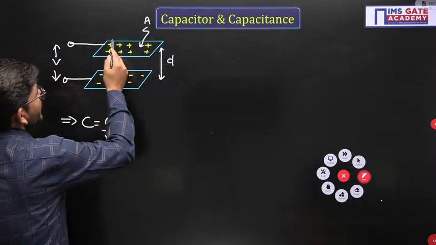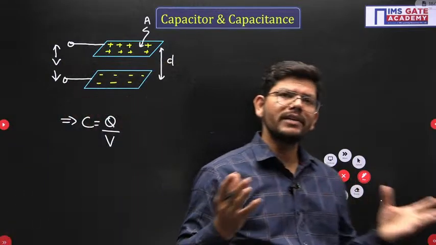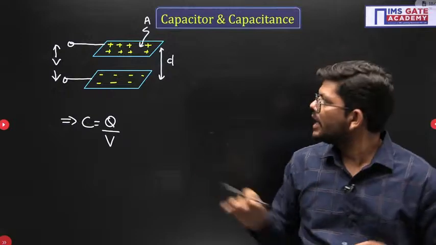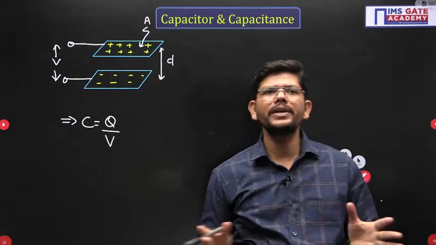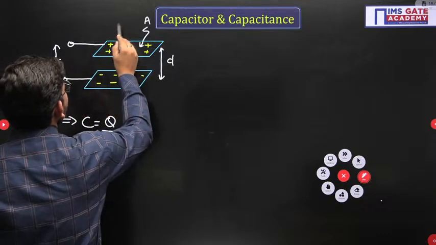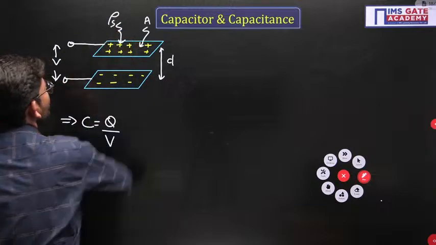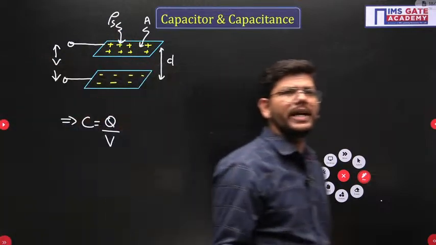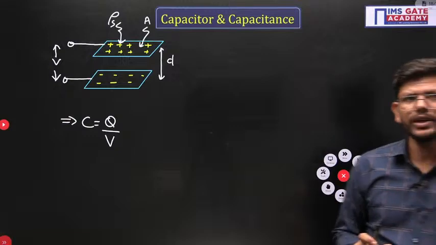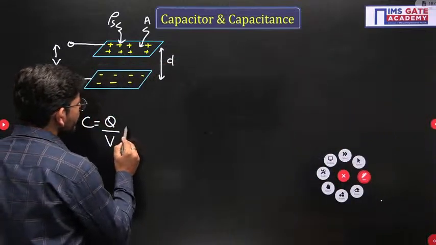Now if you watch this plate carefully, it's like an open surface, yes or no? With an open surface, let us suppose that it has some surface charge density rho s. Let us suppose that either plate has some surface charge density rho s. Now how to write Q in terms of rho s?